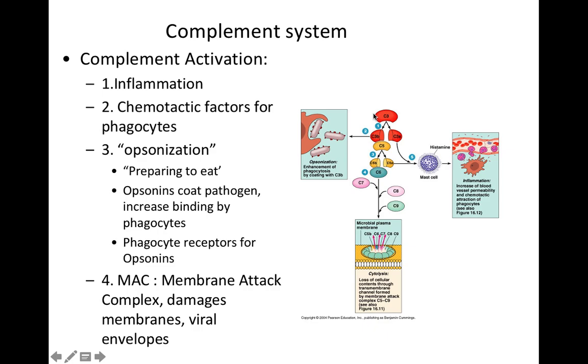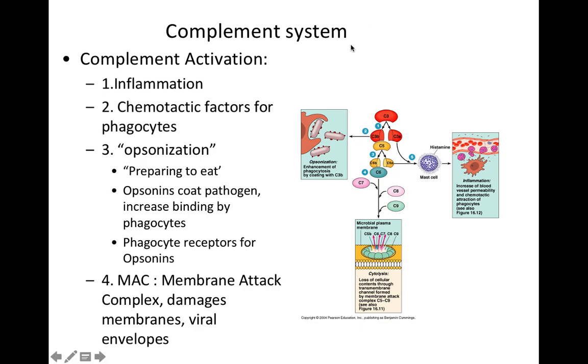The way this works, there are actually 3 different ways to activate the complement cascade. You can do it non-specifically through complement binding to the surface of an invading microbe, and that can start the splitting process. That's called the alternative pathway. There's a mannose binding pathway, and then when we start talking about adaptive specific immunity, there is the classical pathway in which antibodies bind to an invading microbe, complement binds the antibody, and the complement is cleaved.